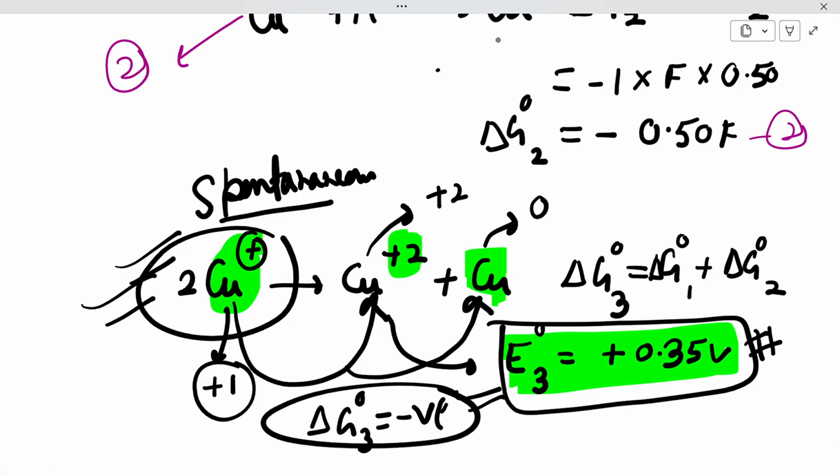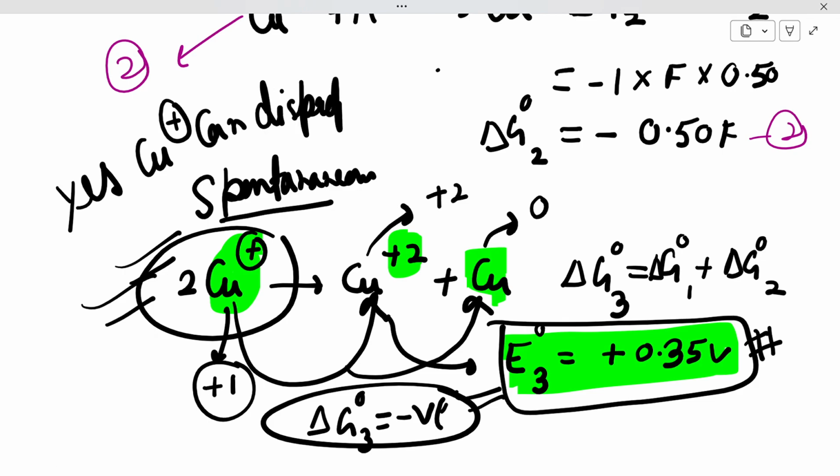If we calculate delta G naught 3, it will be negative. So this reaction is spontaneous, and yes, Cu plus 1 can disproportionate into Cu plus 2 and Cu.